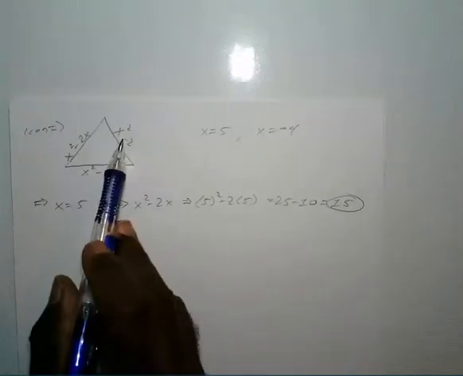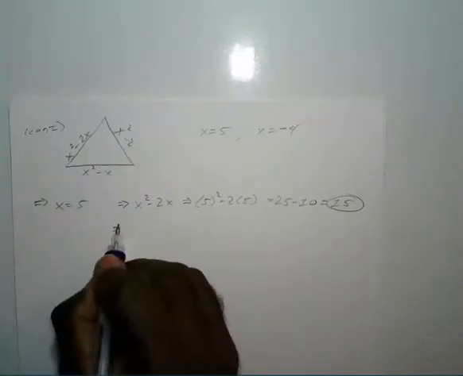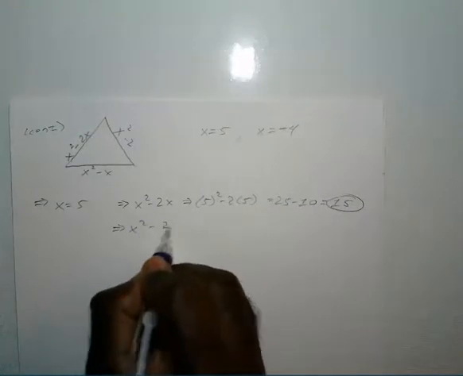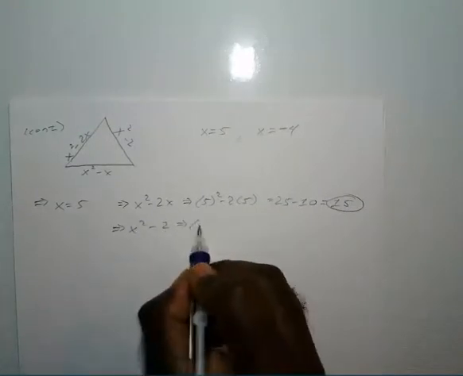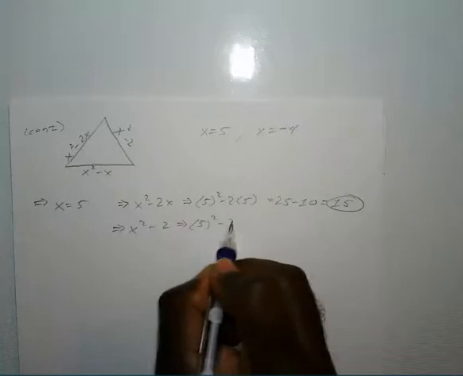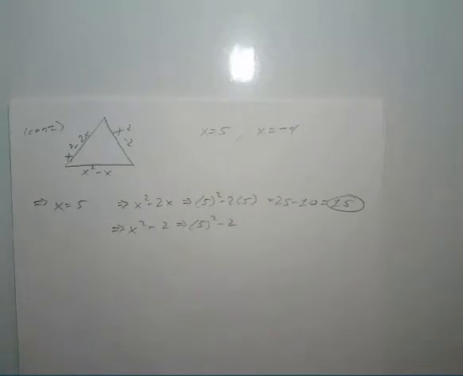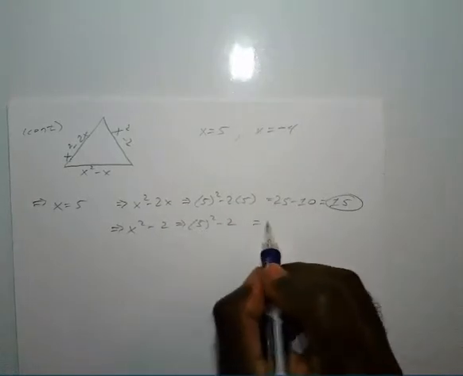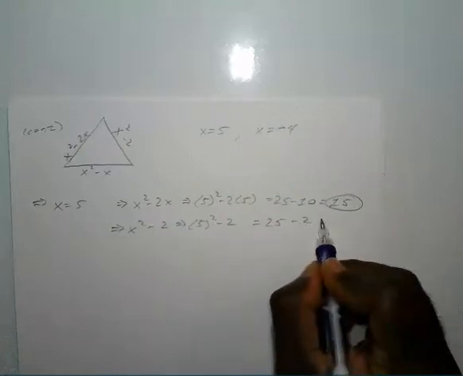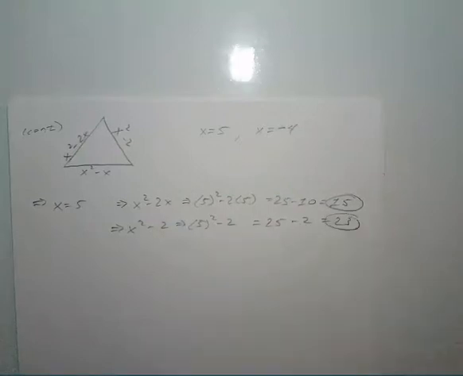Okay, so x squared minus 2 is just 5 squared minus 2. Again, 5 squared is 25, so that's 25 minus 2, which is 23.